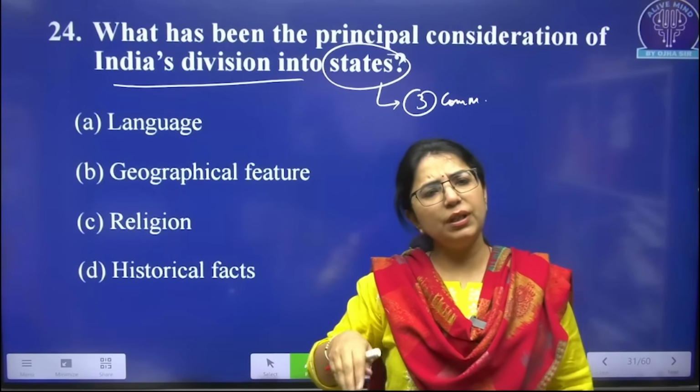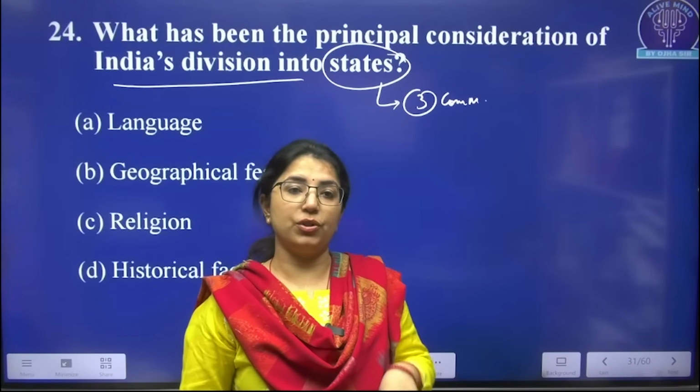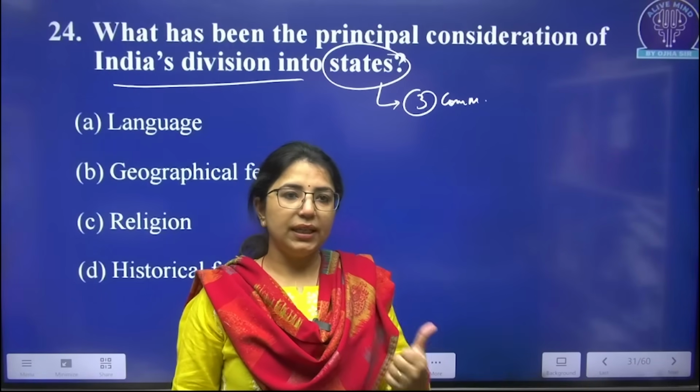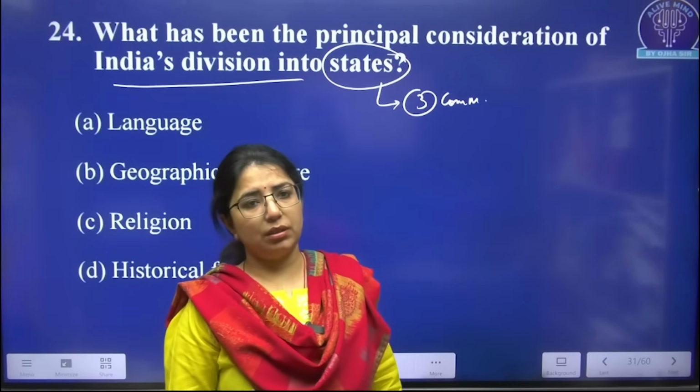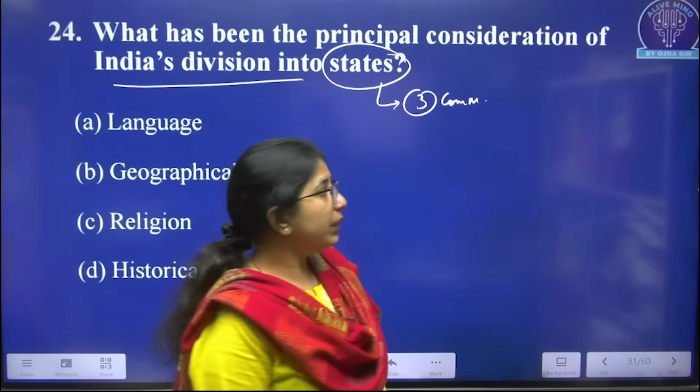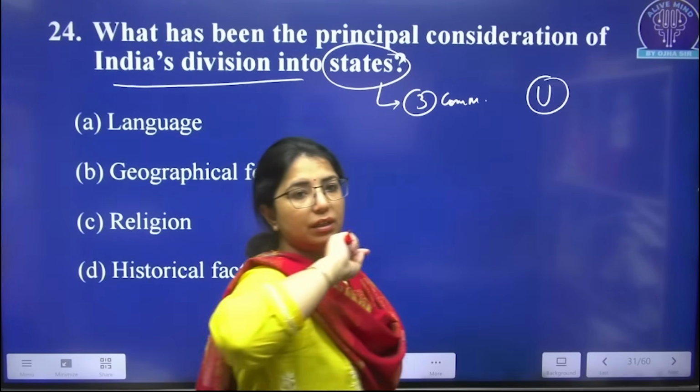Because many states were demanding, regional demands stood, to divide the states on the basis of the language. But at that time, people like Sardar Patel were opposing it. Why? Because they wanted to have one factor, that is unity in diversity in India.